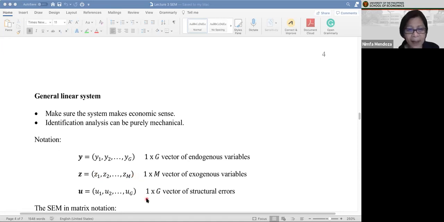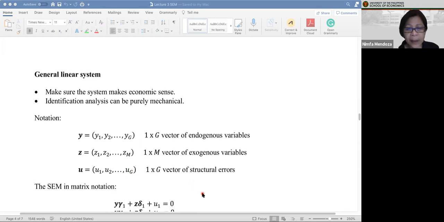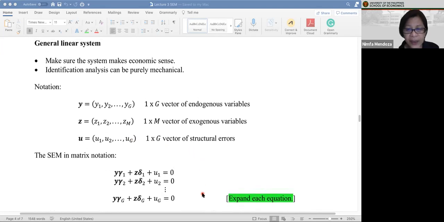We have G equations, so we have G structural errors, U sub 1, U sub 2, down to U sub G. In matrix notation, we can write it in this form.